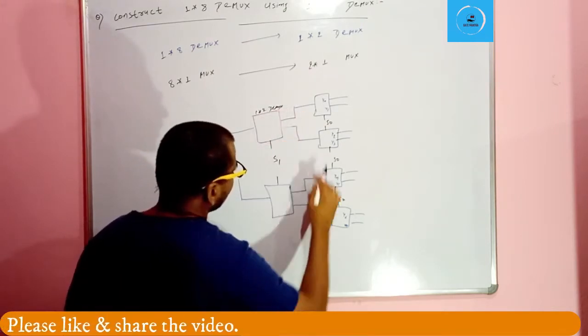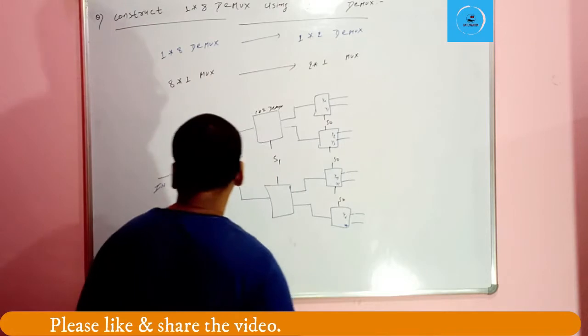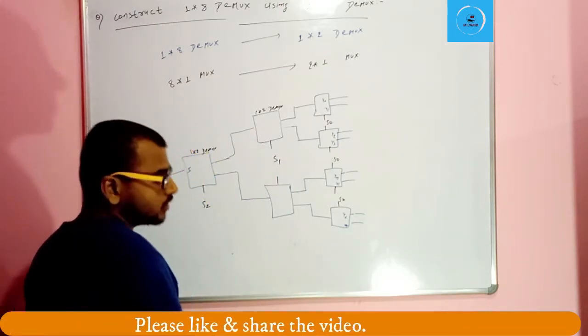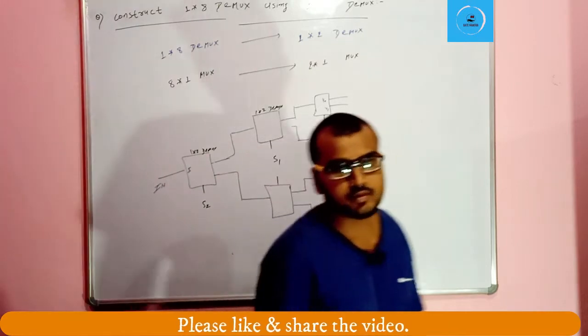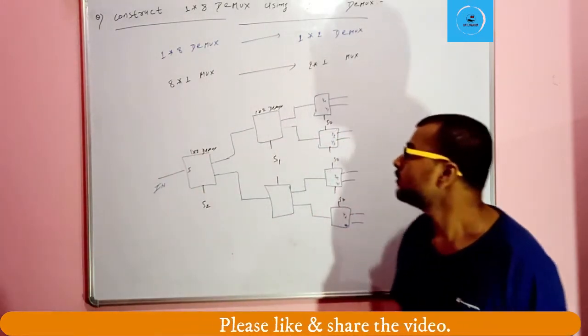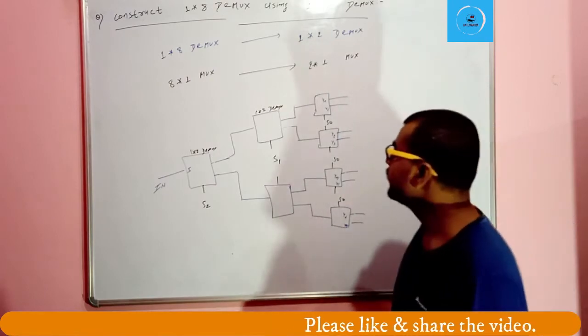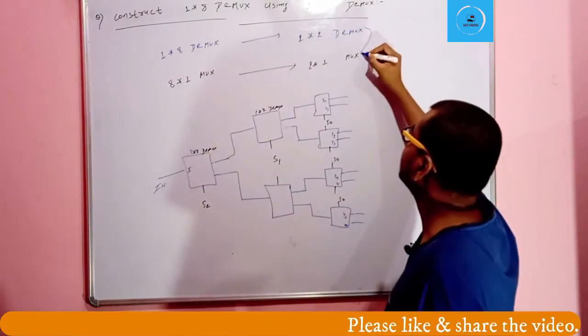So this is the way we can construct the 1:8 demux using the 1:2 demux. For solving an objective problem, we will convert this into a mux.